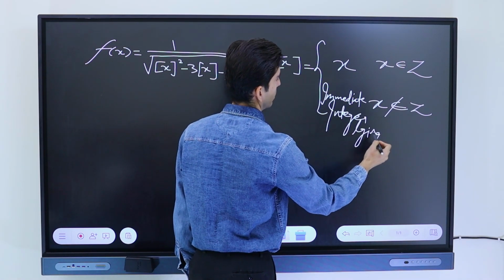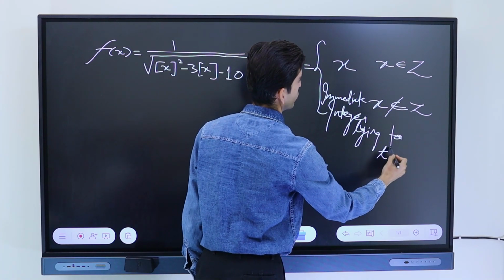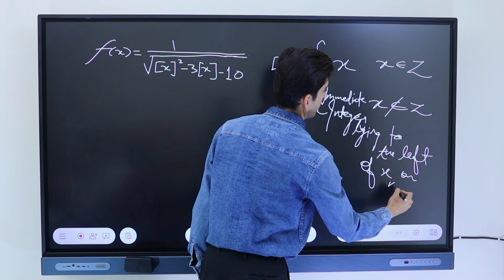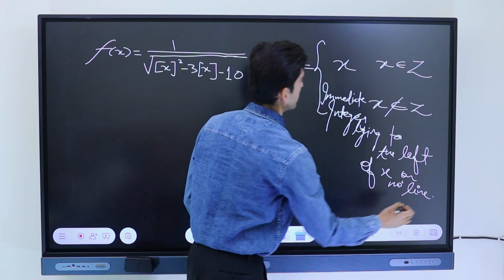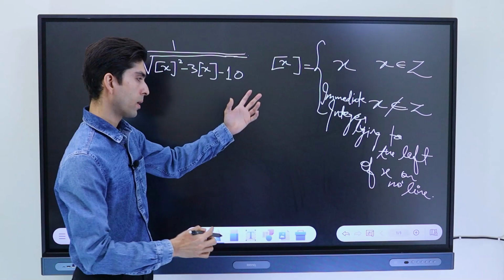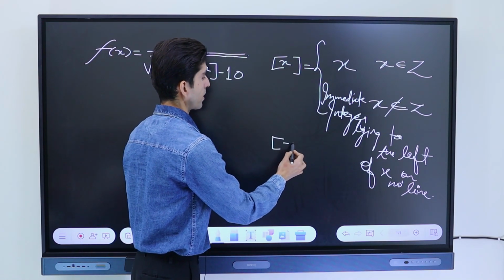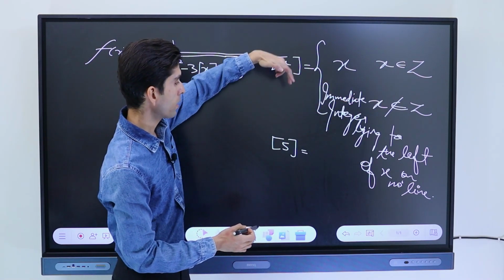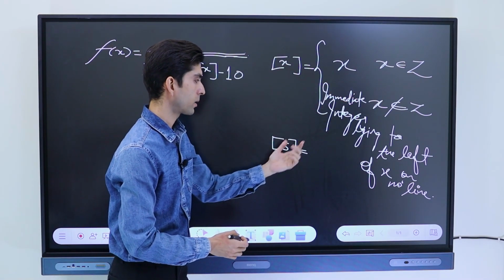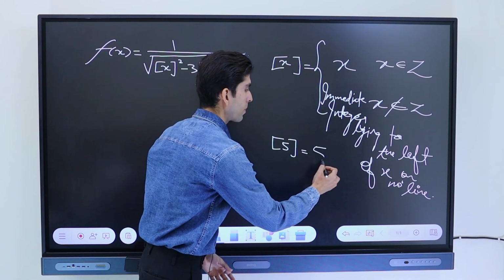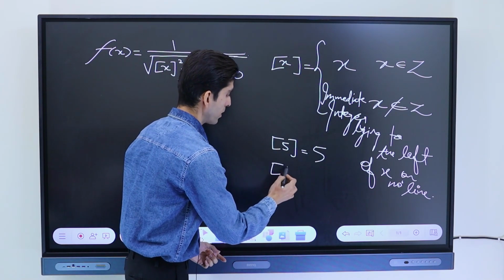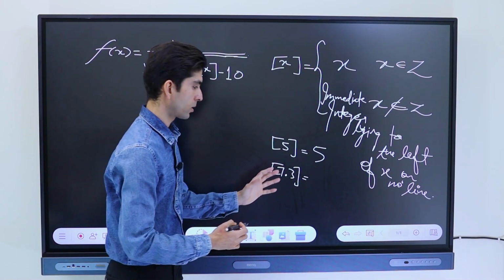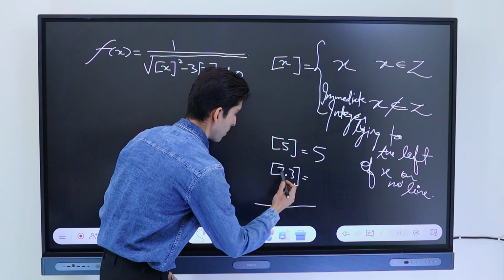lying to the left of x on the number line. Okay, let's understand this with an example. Like if I take 5, as per the condition that we have studied, when the quantity inside the square bracket is an integer, it comes outside the square bracket as it is. And when we have a non-integral number, let's say we have 7.3, just have a look on the number line.